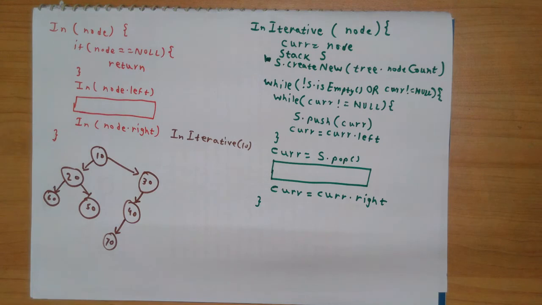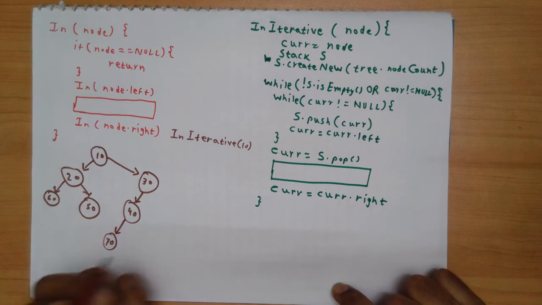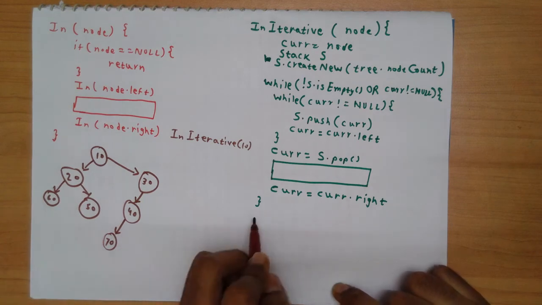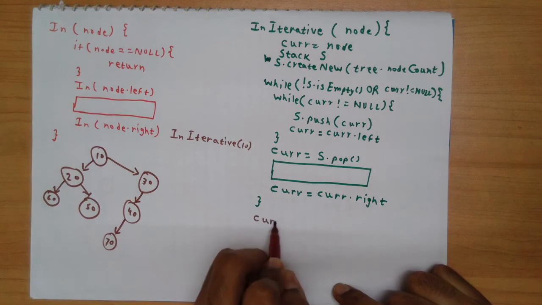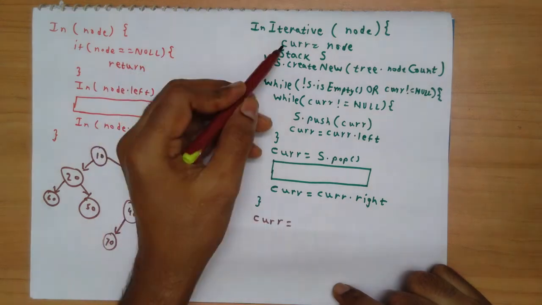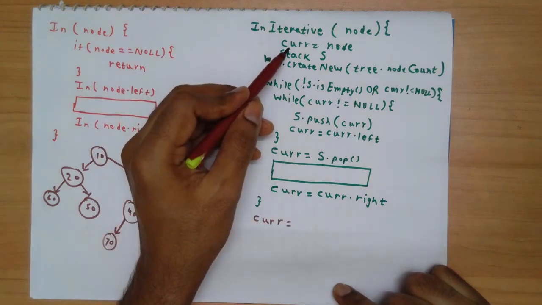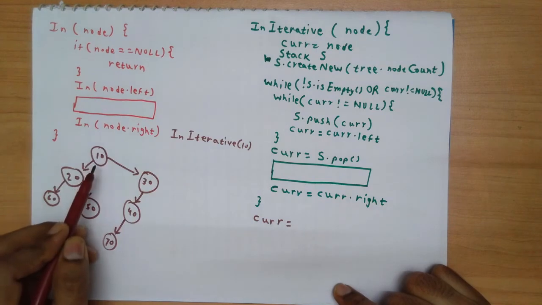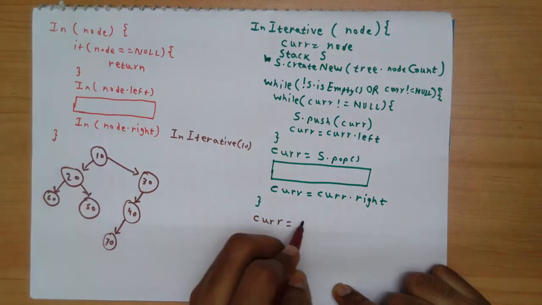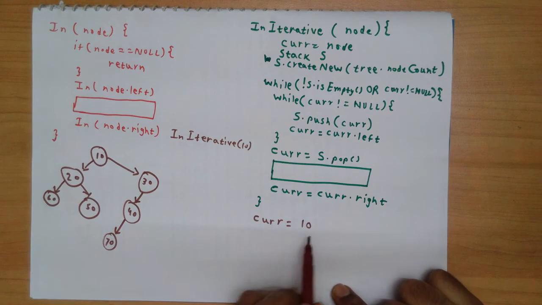Now we'll keep track of our variables and our stack. My current, when I come inside, is going to be the address of the node that contains 10. That's where I have started. So my current is going to be 10. Again, remember, this is the address of the node we are talking about, but for the sake of simplicity we are simply writing the value.